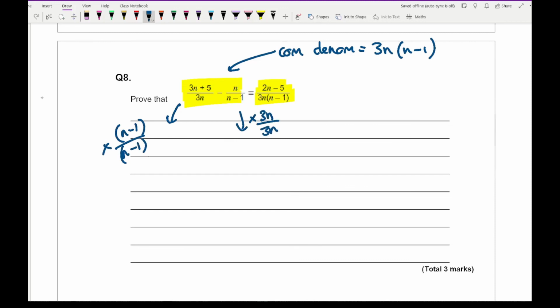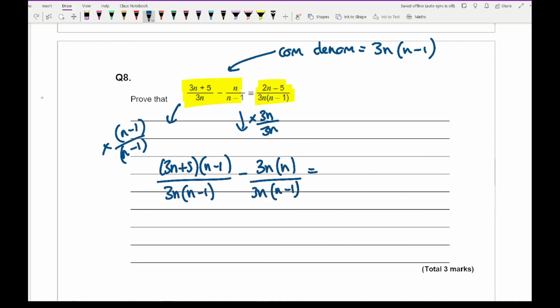So what do I end up with? Well, I'm going to end up with 3n plus 5, n minus 1, over 3n, n minus 1, minus 3n, n, over 3n, n minus 1.